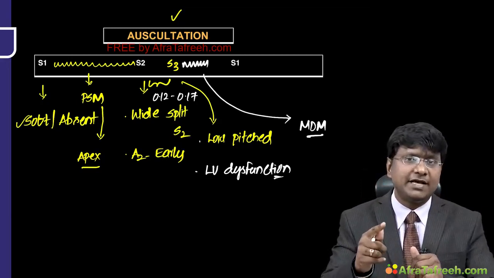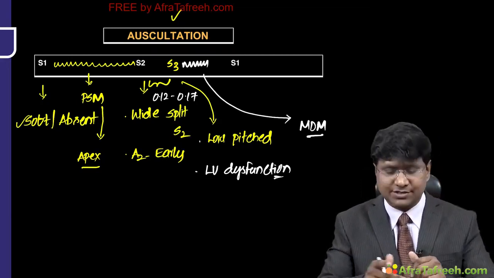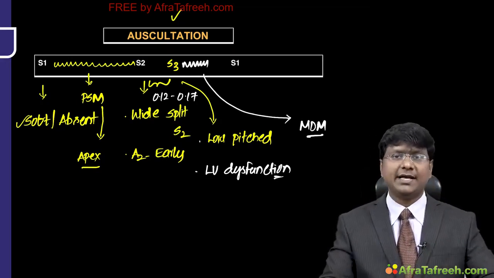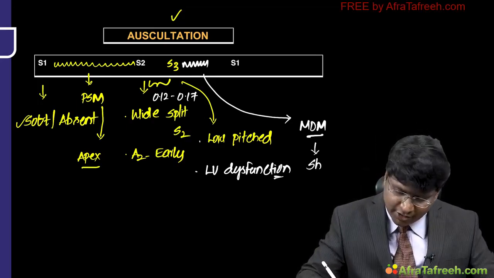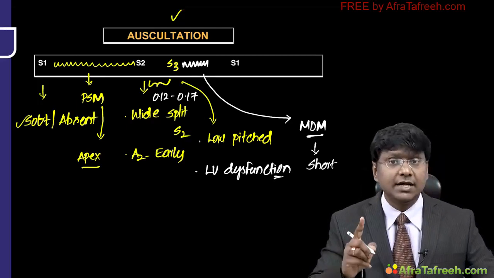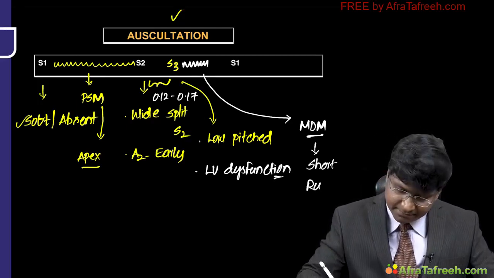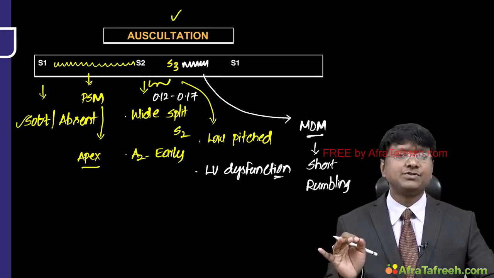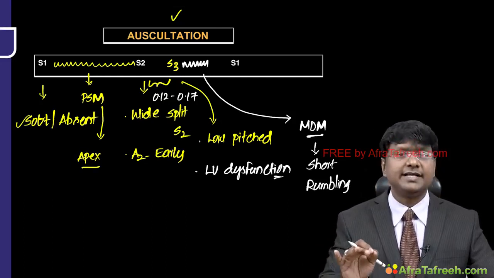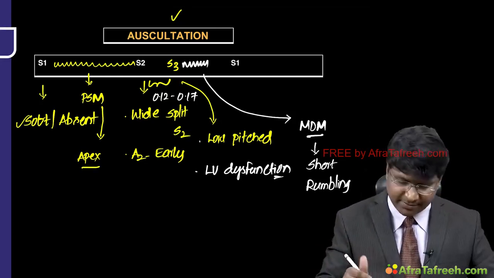So the normal mitral valve annulus will behave as functional mitral stenosis, and thereby the individual will have a mid-diastolic murmur. This mid-diastolic murmur is a short, rumbling murmur. Even though there is absence of structural MS, there can still be a mid-diastolic murmur.